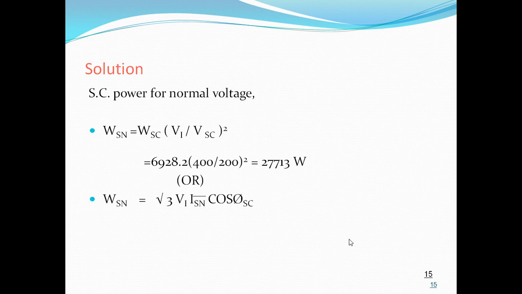Or we can do it like this also. That is root 3 into V1 ISN into cos phi SC. So that is root 3 into 400 into 100 into 0.4. We will get the same value. Note down these two formulas.